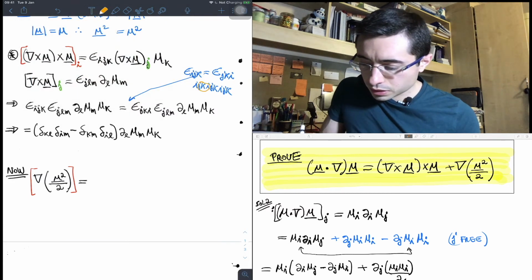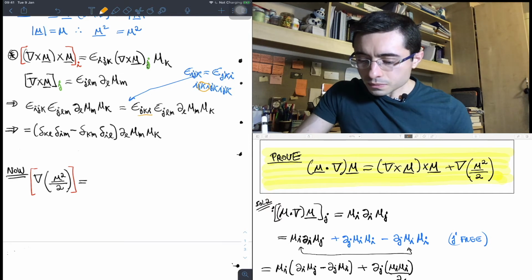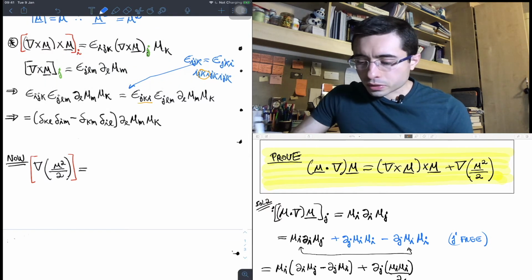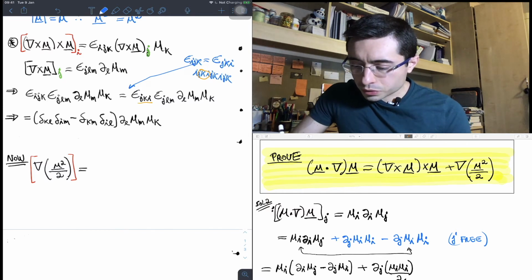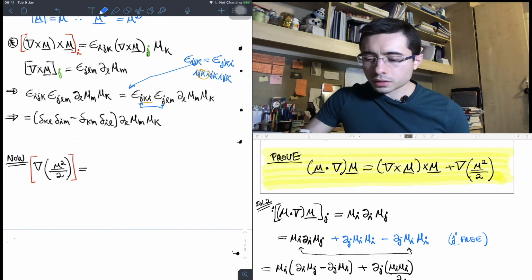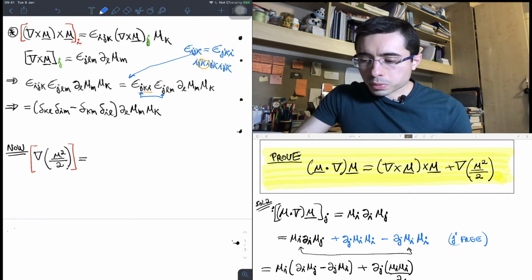You can see here j k i. Now, why I did this is because, of course, I want to use the identity of the product of the epsilons as delta delta. So now I just apply it here.